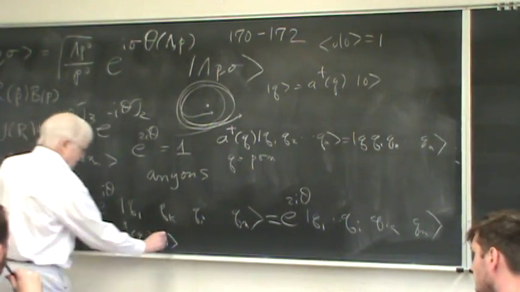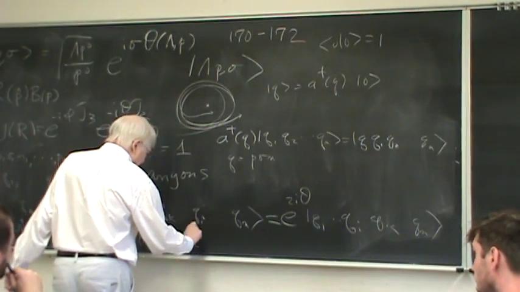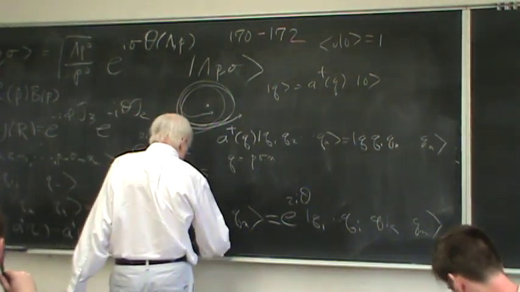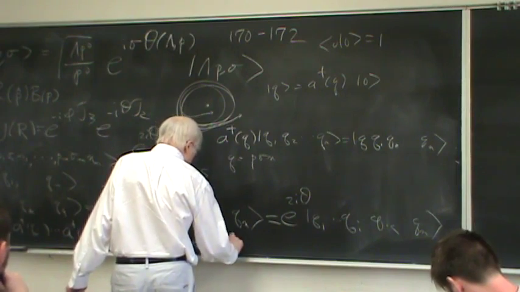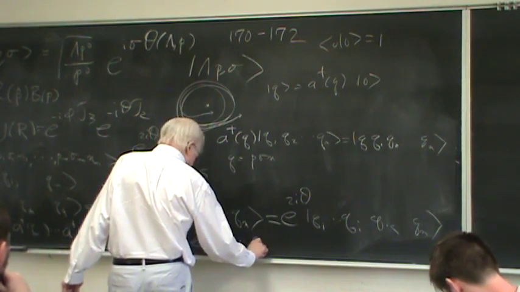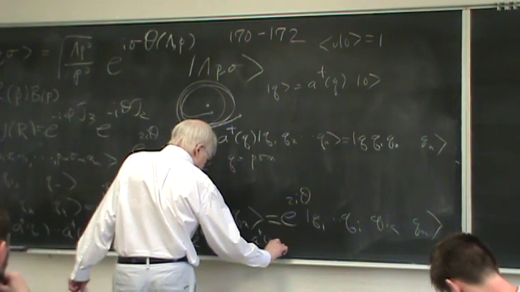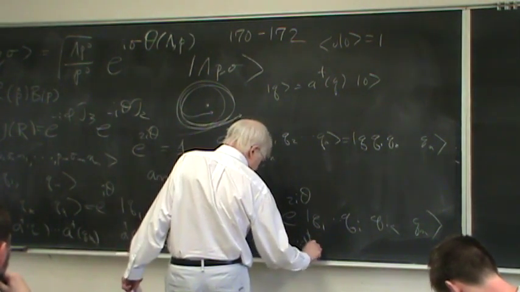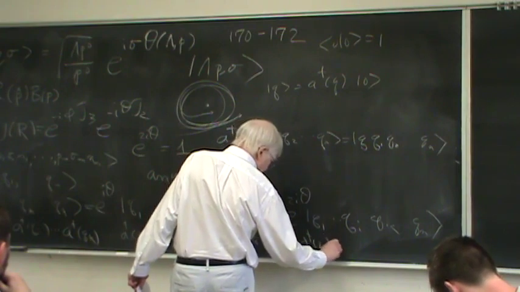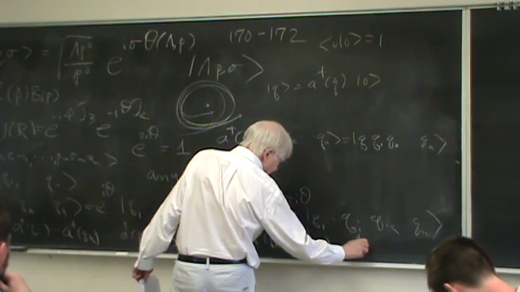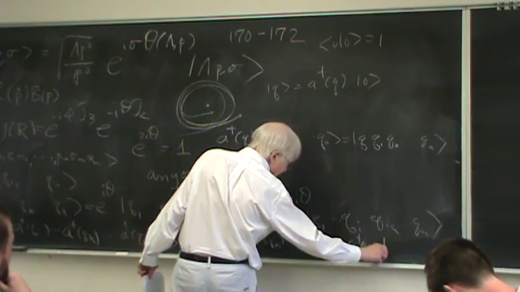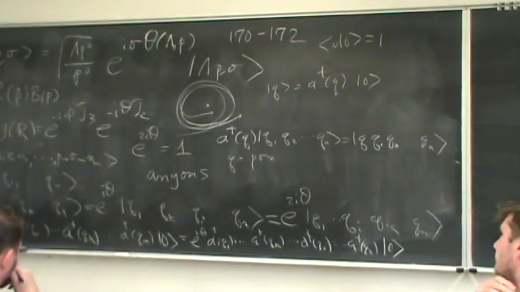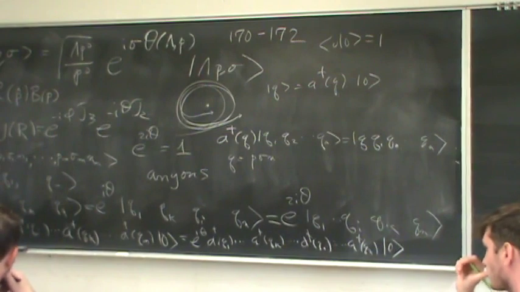On the other hand, what we're saying is that this is e to the i theta, and then a dagger of Q1, a dagger of QK, a dagger of QI, a dagger of QN on vacuum. So the idea is that the order of the creation operators is different.